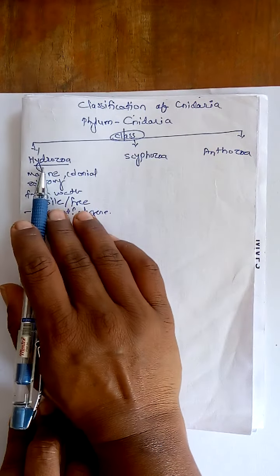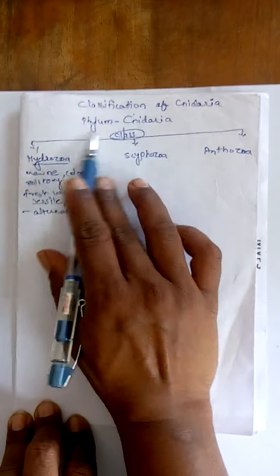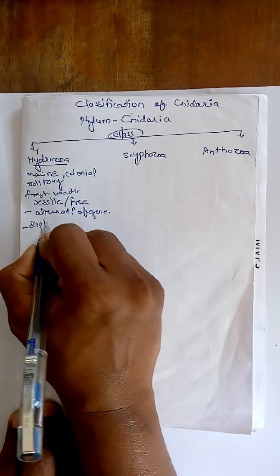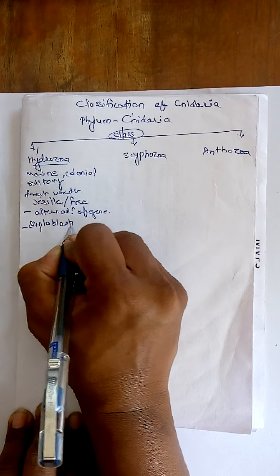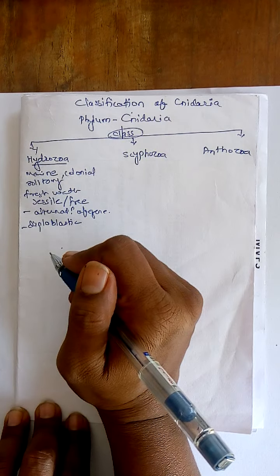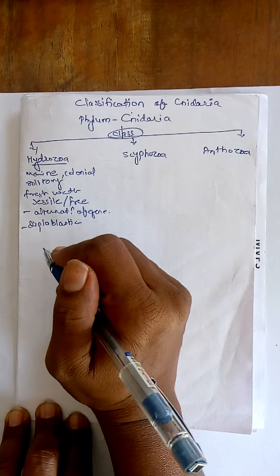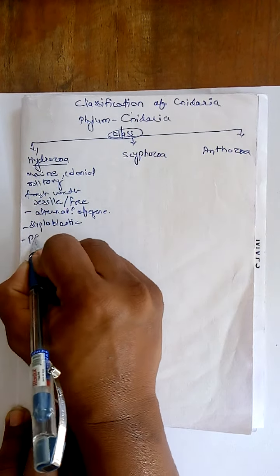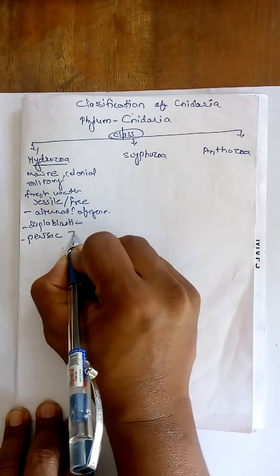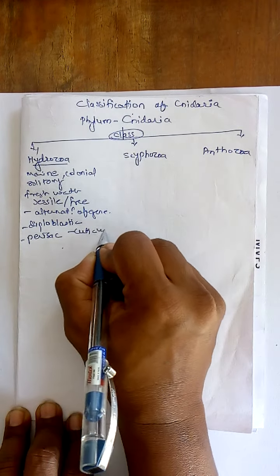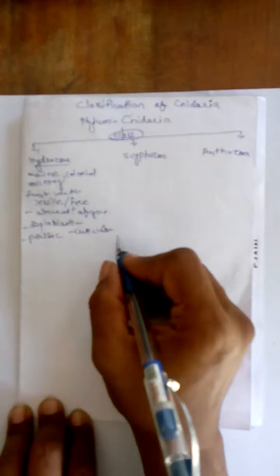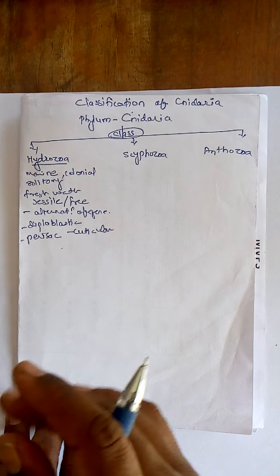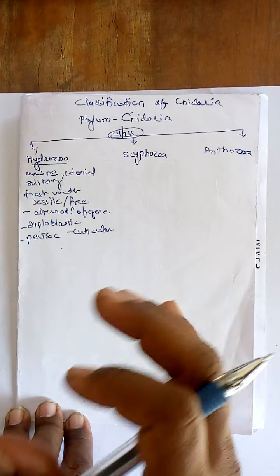So the Hydrozoa, which is the first class of the phylum Cnidaria, has a body wall which is diploblastic, made up of two layers. Then the perisarc is there, which is cuticular, or a horny layer, secreted by the exoderm, and it gives rigidity and support to the animal.